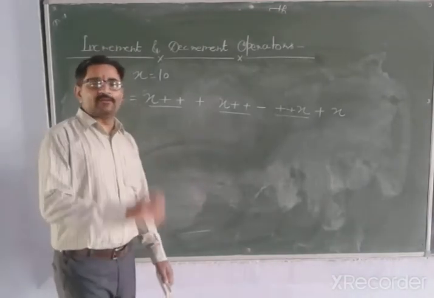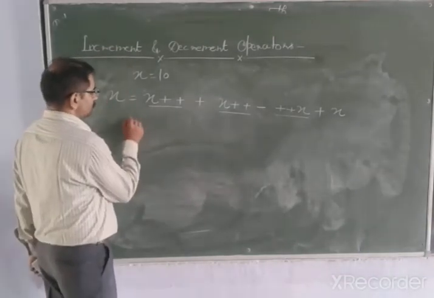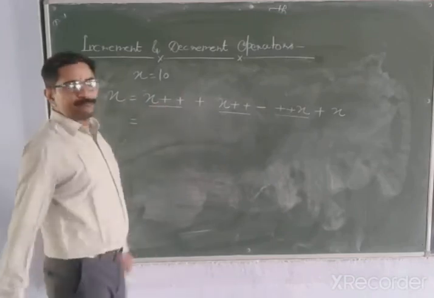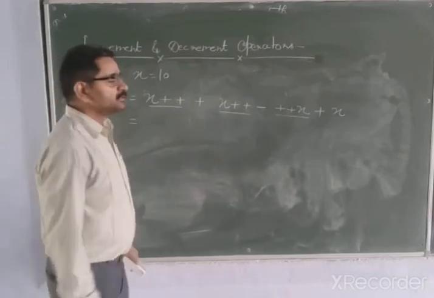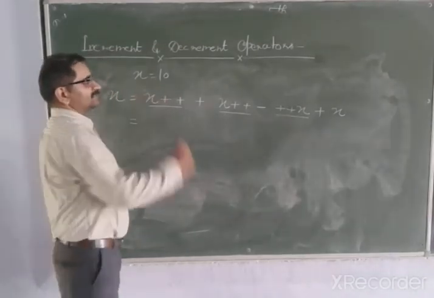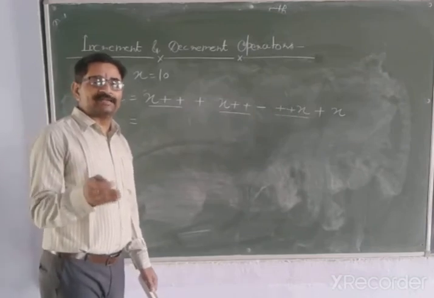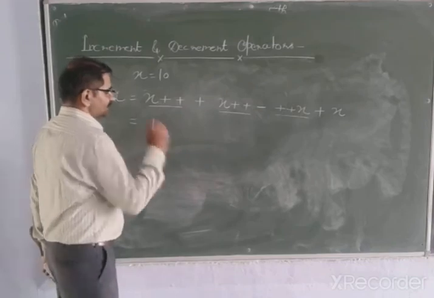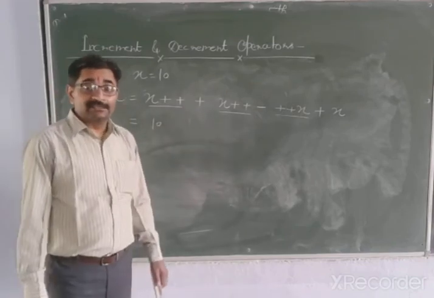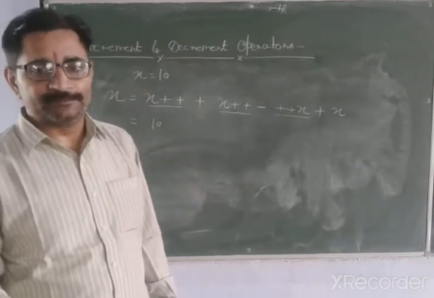So how can we evaluate this expression? What is the principle of post increment? Use then change. What is the value of x? That is 10. So first we use the current value of x, which is 10, but in memory x becomes 11.